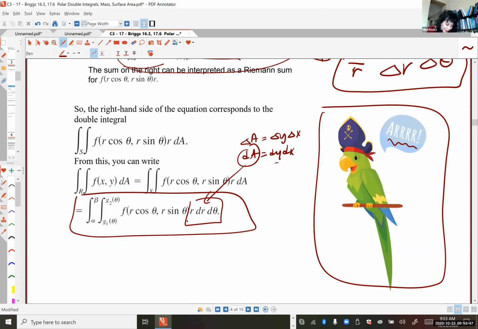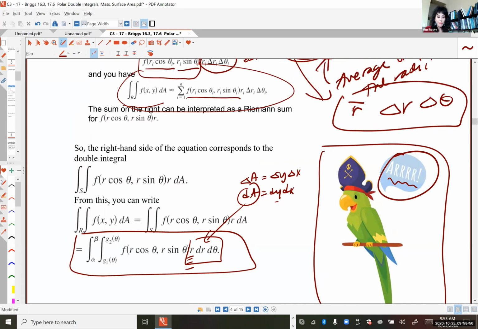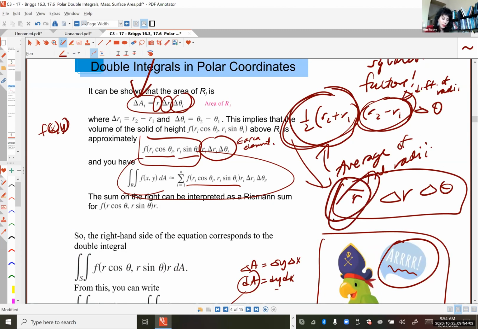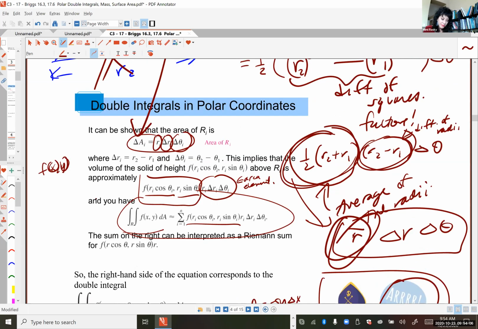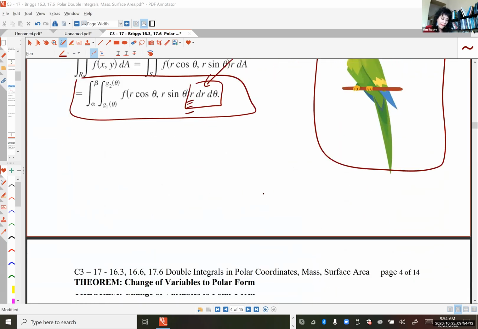There's an extra r in there. R. Get it? Be a pirate. Where did the R come from? Come on, I just did the derivation for you. The extra R came into being with that average radii, that R bar. There's your R.